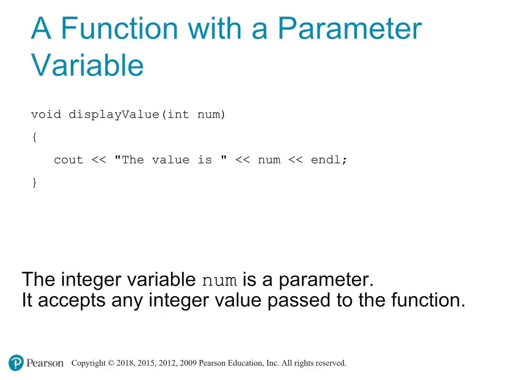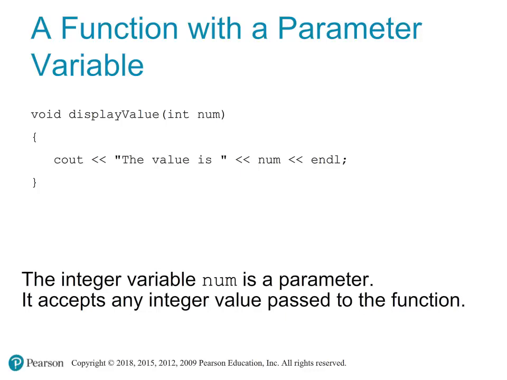The function displayValue is defined to take one integer argument, which is represented by the variable num inside the function. In this example, num is a parameter. It acts as a placeholder for any integer value that will be passed to the function when it is called.